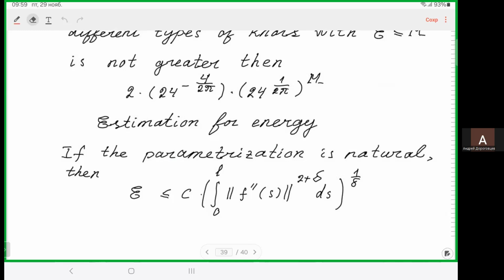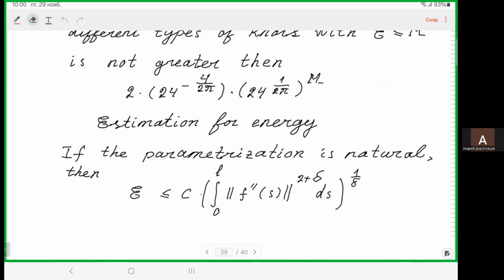For example, it can be estimated by the standard Gaussian distribution, because f prime now is related again to the matrix with standard Gaussian variables. So one can check that the Möbius energy has exponential tails.